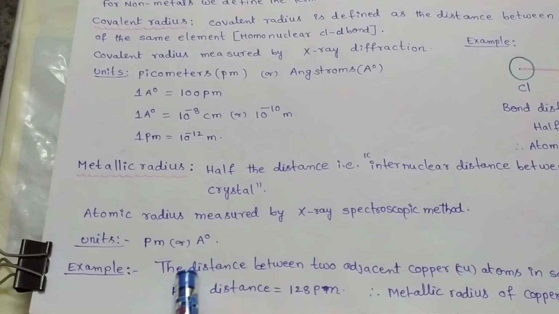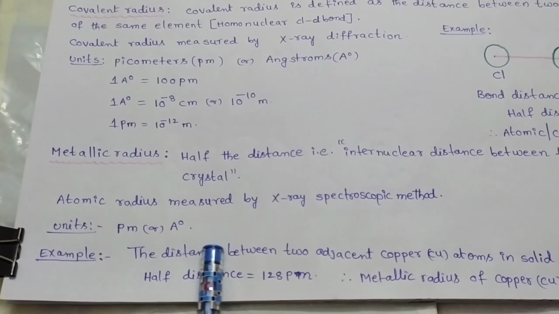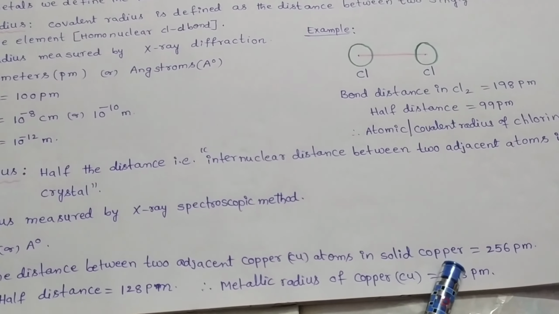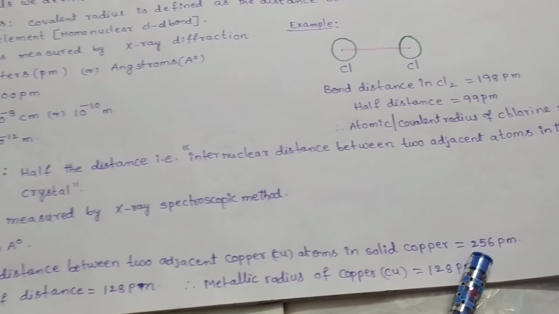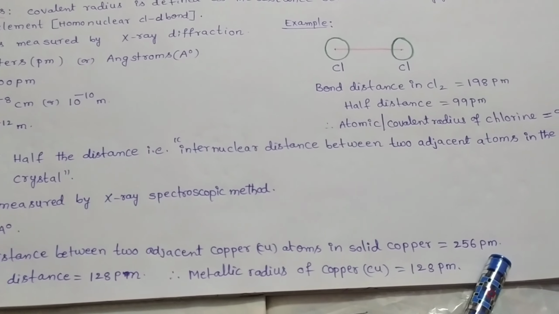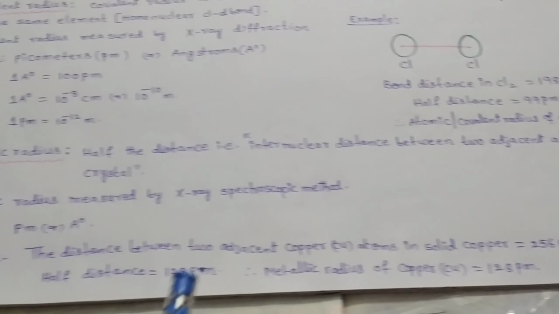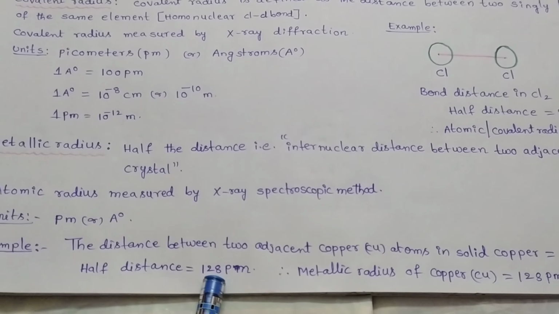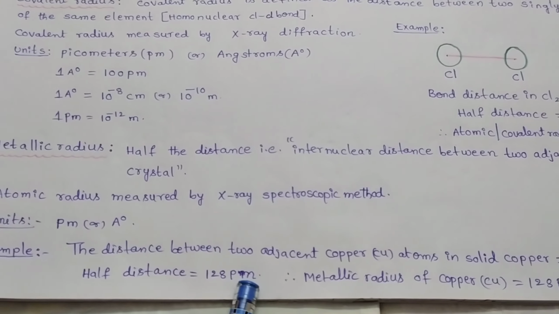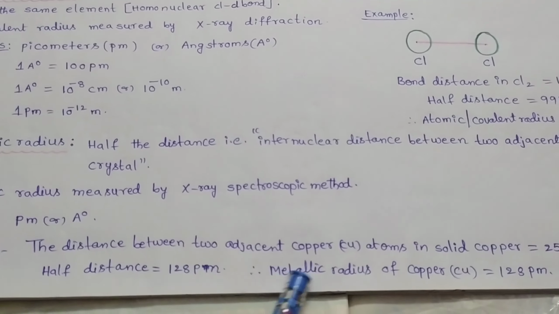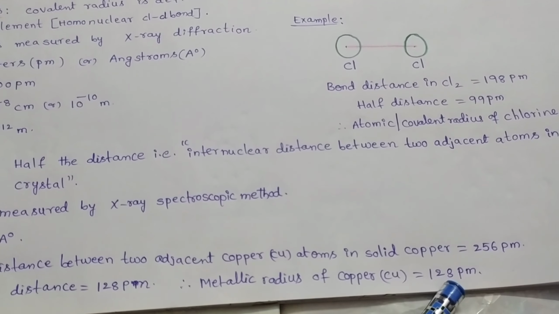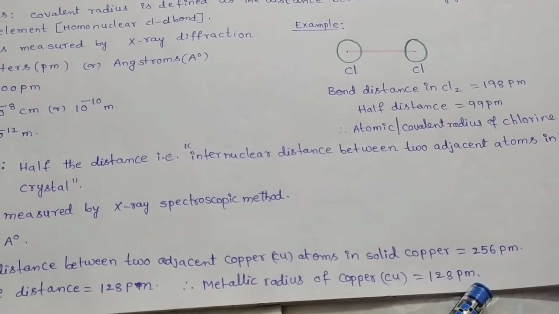Example, the distance between two adjacent copper atoms in a solid surface of copper is equal to 256 picometer. Half of the distance between the two adjacent copper atoms is equal to 128 picometer. So, the metallic radius of copper is equal to 128 picometer.